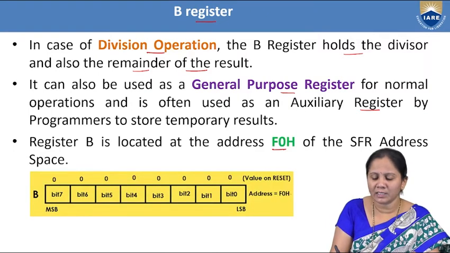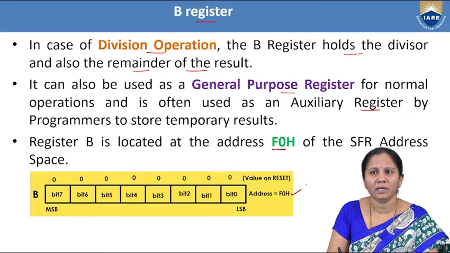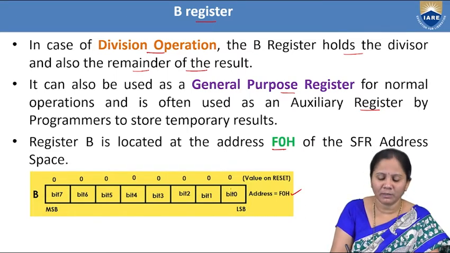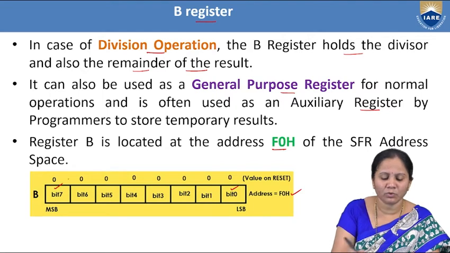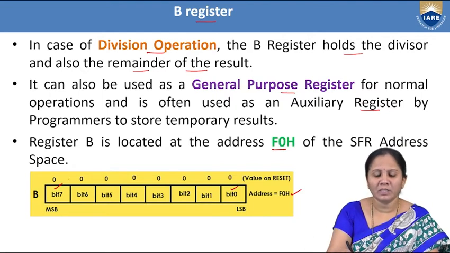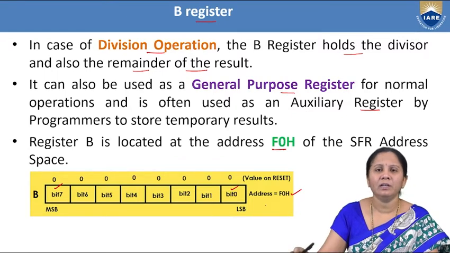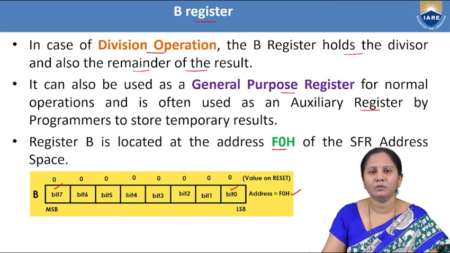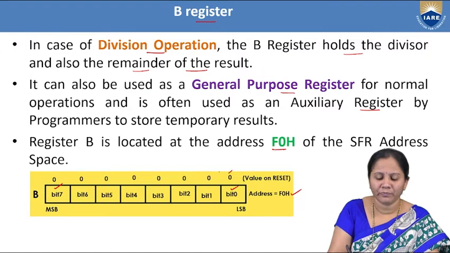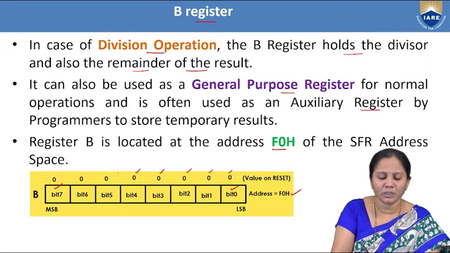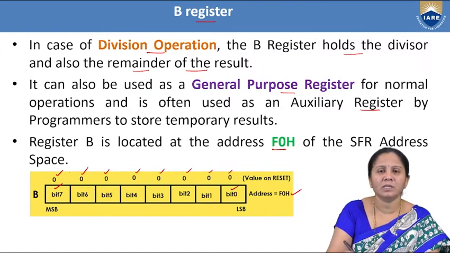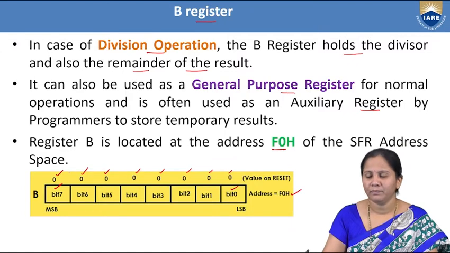The fixed address is F0H in the SFR address space, and it has all 8 bits, from bit 0 to bit 7. When this B register is reset, it will hold all the bit values as 0.